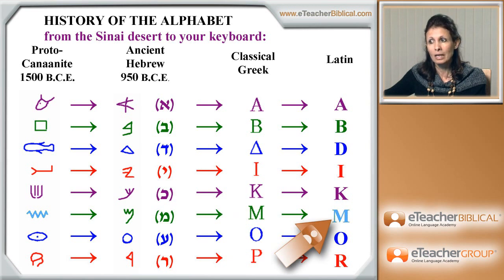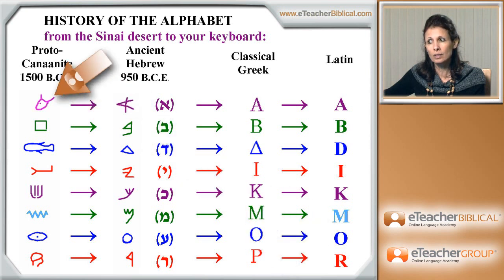Of course it does. I know not everything looks very direct and clear because we have gone such a long way from 1500 before Common Era to today. But still you can see the resemblance. Look at the ox. Just turn it around a little bit and you can get the letter A. Erase the eyes. Take each one of the symbols that the Proto-Canaanites drew, and you will see what you have in English today.